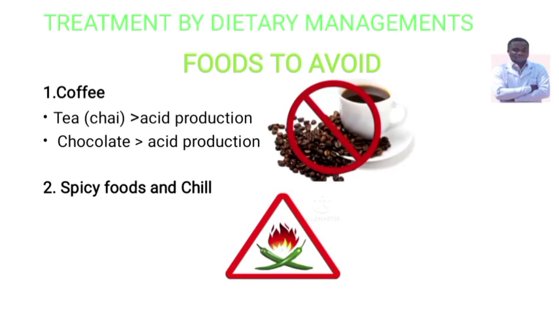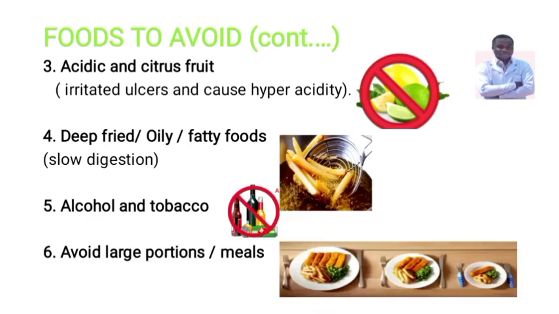But also we have processed food. Processed food may promote, for instance, processed sugar may promote the development of H. pylori. But also we have acidic and citrus fruit.